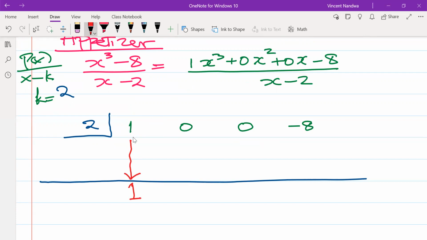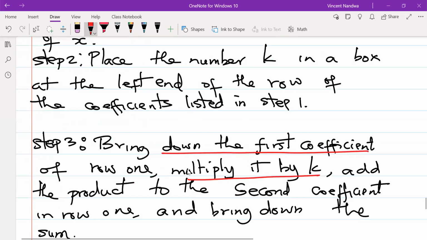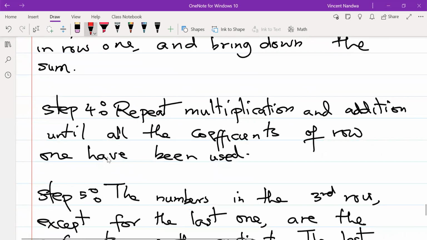So once we have brought down the first coefficient in row 1, multiply it by k. So what is our value of k in this question? When you multiply 1 by 2, we get 2. So multiply it by k and add the product to the second coefficient in row 1.